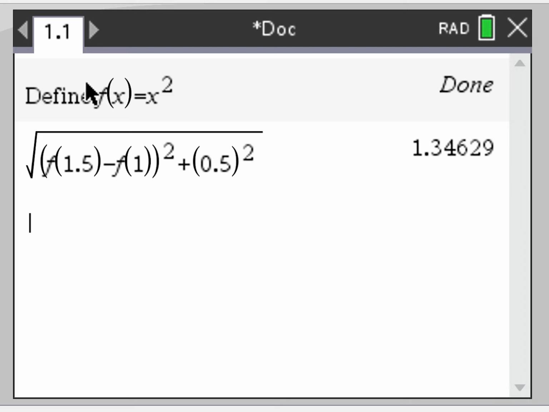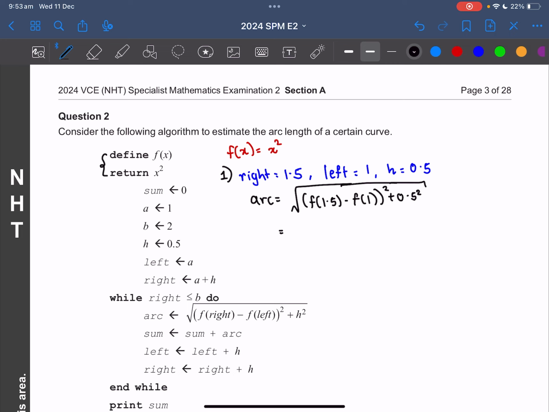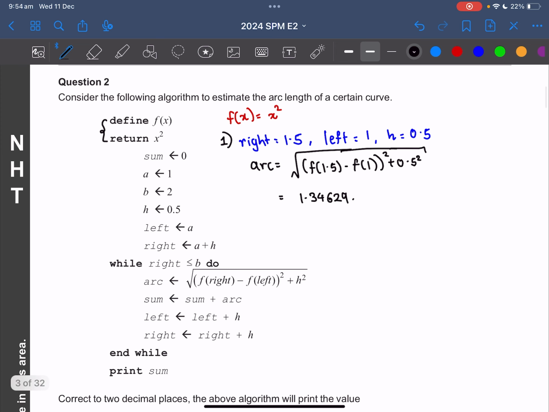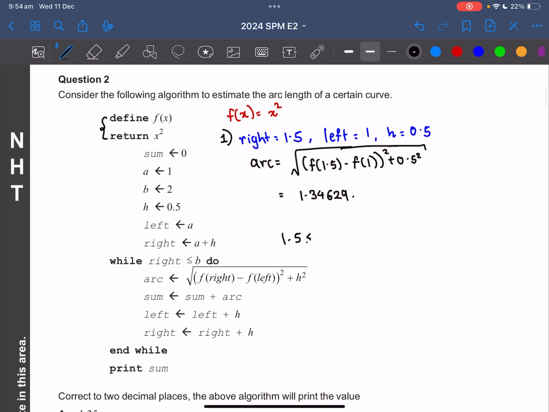That is 1.34629. Okay, so that is our first iteration. Now let's have a look. While right is less than or equal to b, currently our right is 1.5. Is 1.5 less than or equal to 2? Yes, then we have to do the next iteration.